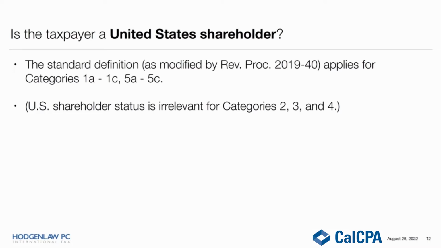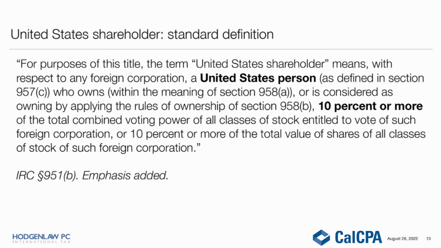And US shareholder status is irrelevant for categories 2, 3, and 4 because these are situations where, for whatever reason, the code just defines the filing trigger as a US person rather than a US shareholder.